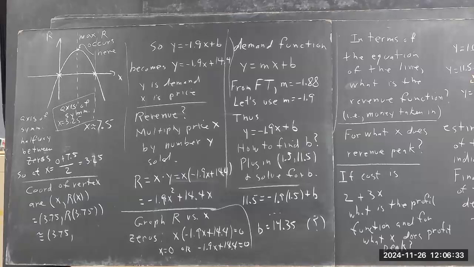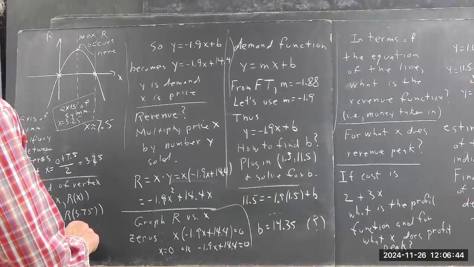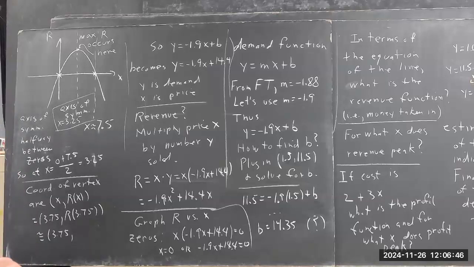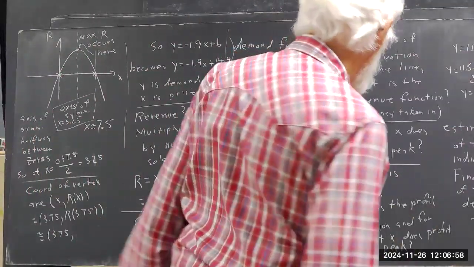And then, yeah, something pretty close to 28, and that's a little bit low because we already get more than 28 from this point here.